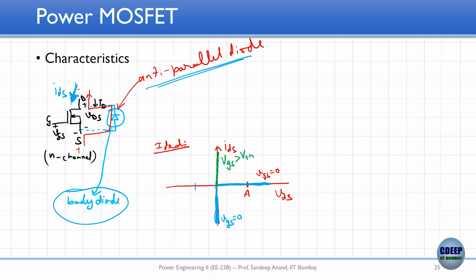And if you apply a slightly negative voltage, you now have two ways for current to flow. One is, of course, through the body diode, or now it can flow through the channel also. So the negative side remains the same. The off is represented by blue, the on is represented by green. And these are, of course, ideal characteristics. The real characteristics look a bit more messy.